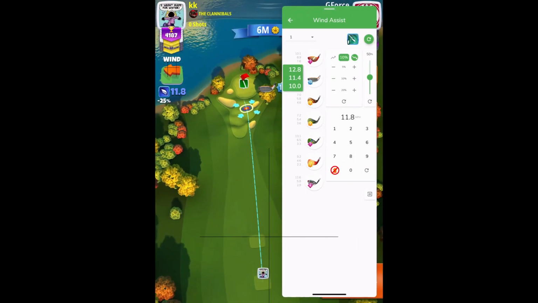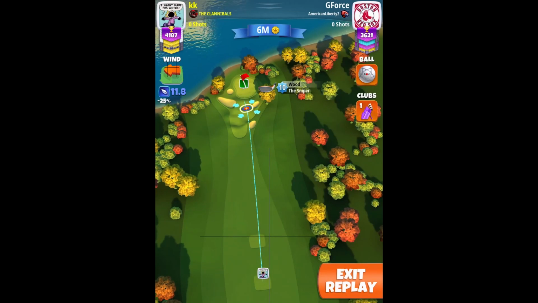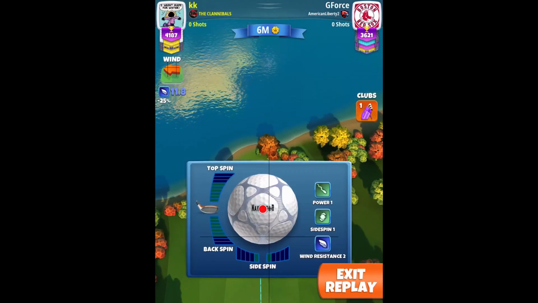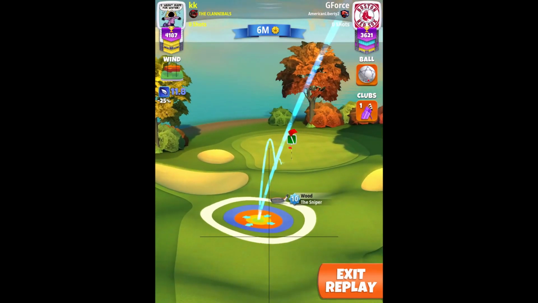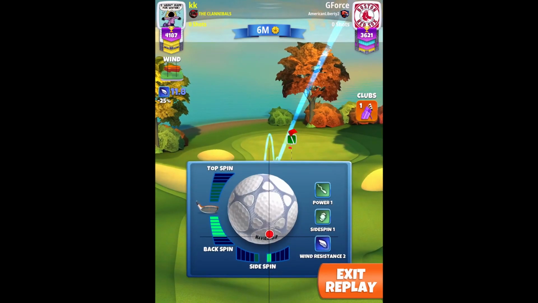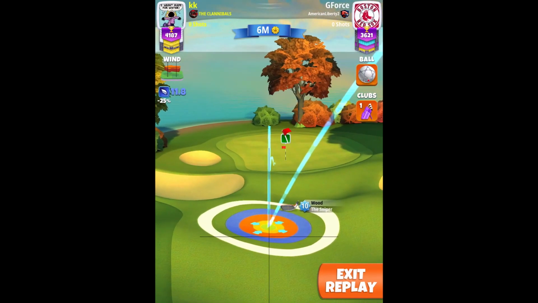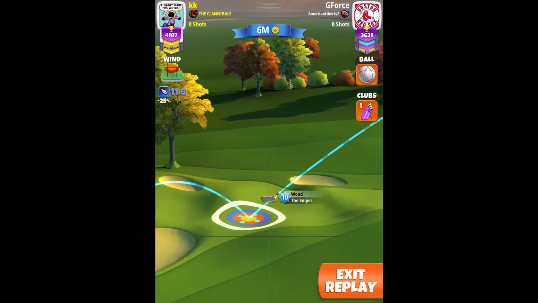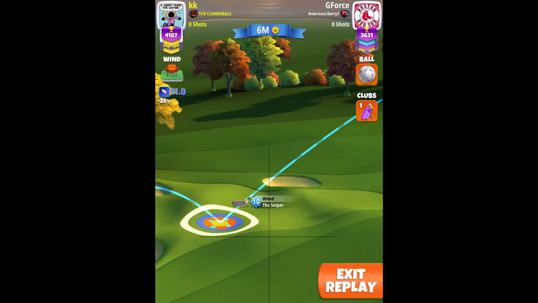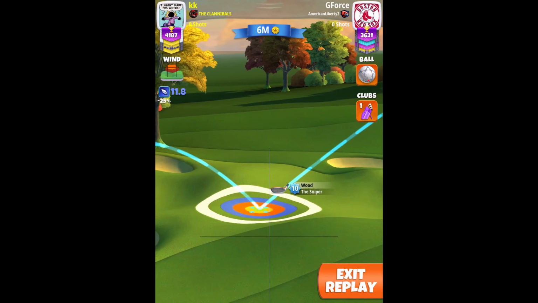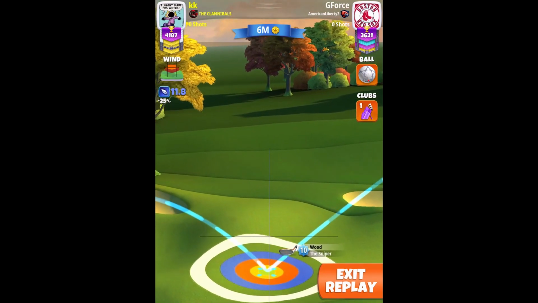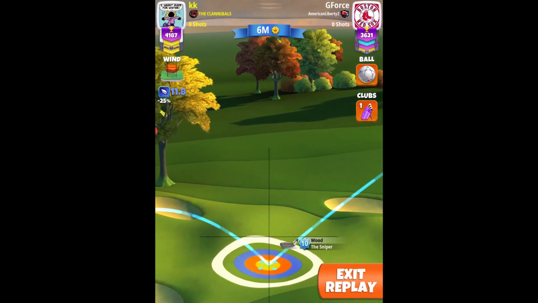Here's a right to left crosswind, pretty straight crosswind. Again, I do the full backspin, full right spin to find where I'm aiming, right there. So here, I didn't take off enough backspin. I think I should have taken off about half of a bar of backspin. And I should adjust plus 10% mid.